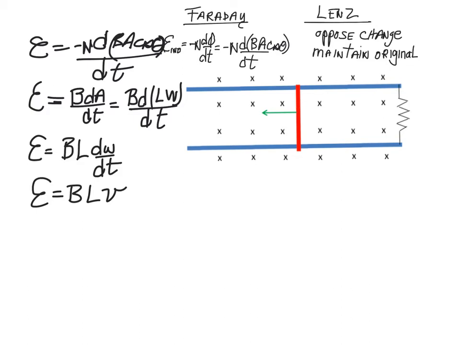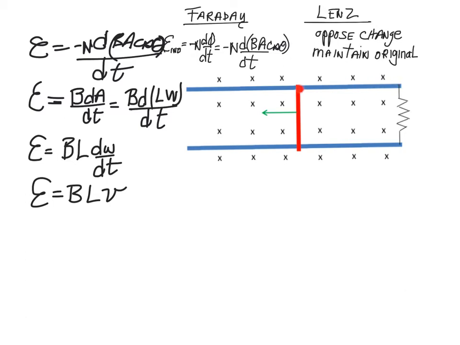The field is into the page, and you see that there's a force down. And so if the force on the charges is down, that means the current is going to circulate this way, counterclockwise, which is what we said earlier. So even independent of Faraday's law, we can figure that out.